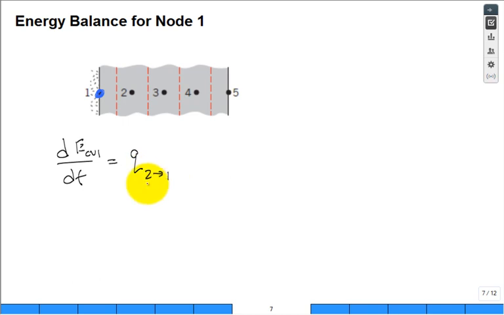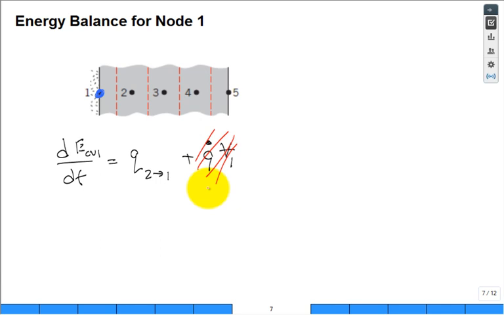Is there any other way for heat to show up? Well, if we had a volumetric heat source, I'd multiply it by the volume associated with node 1. But is there a volumetric heat source in this problem? No. So there's no volumetric heat source. So is that it? Is that my transient energy balance equation?